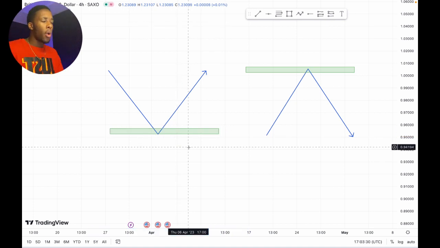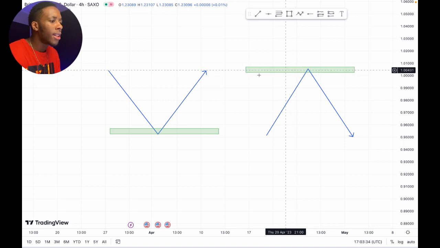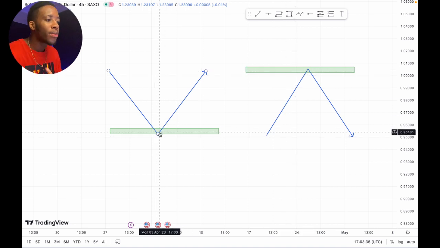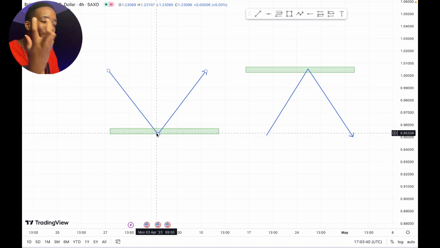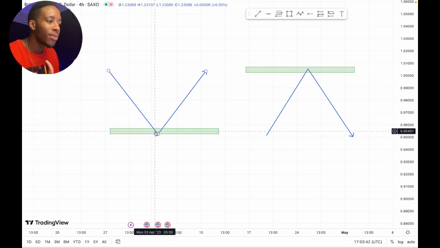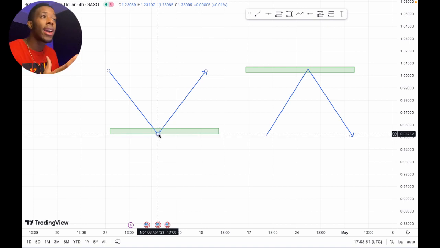Now, why is this a low and why is this a high? This is a low because when the market was here, it was at its lowest point in that trading period. It's a low because it was at its lowest price. That's why there's this saying in the market of buy low, sell high.